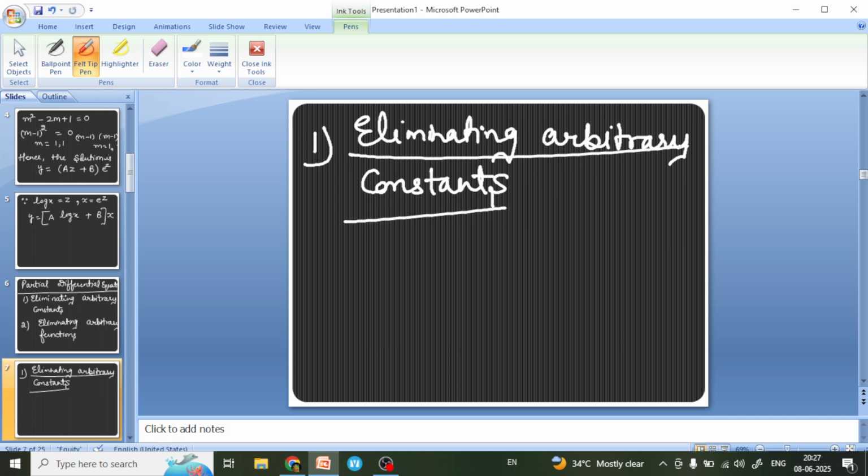For example, you are given this equation, z is equal to (x square plus a)(y square plus b). This equation is given and we have to form the partial differential equation by eliminating arbitrary constants.